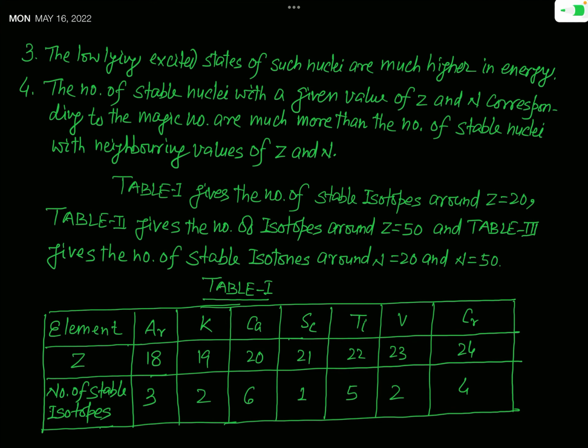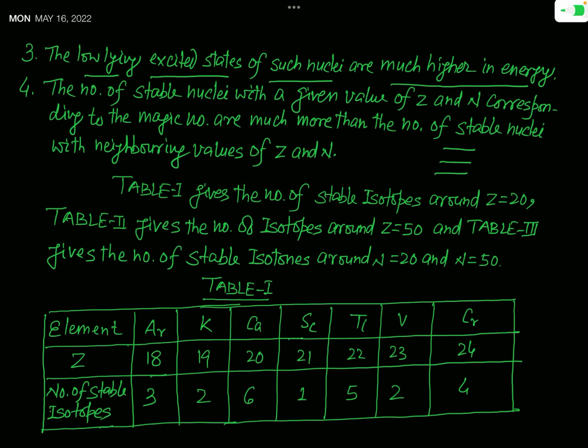Another evidence for the magic number is what? The low-lying excited states of such nuclei are much higher in energy. It means the different energy levels of a nucleus will be at different energy values.